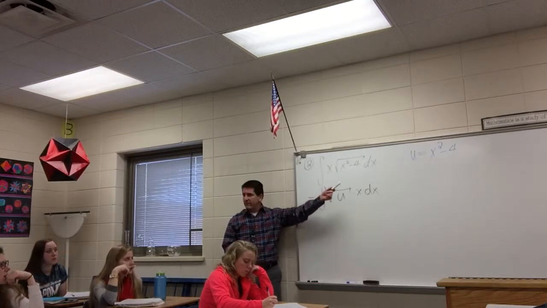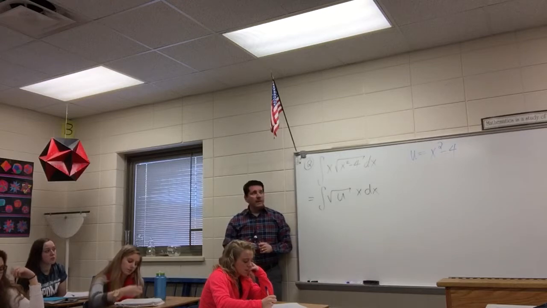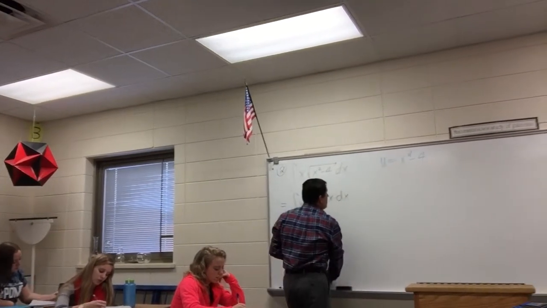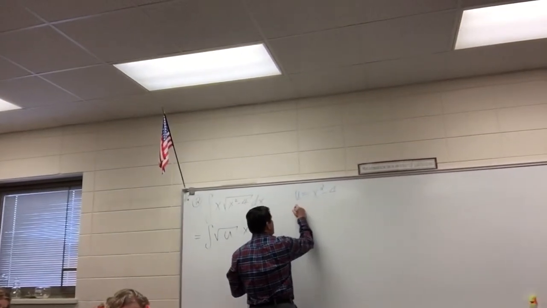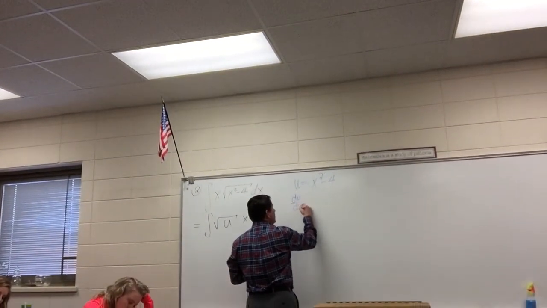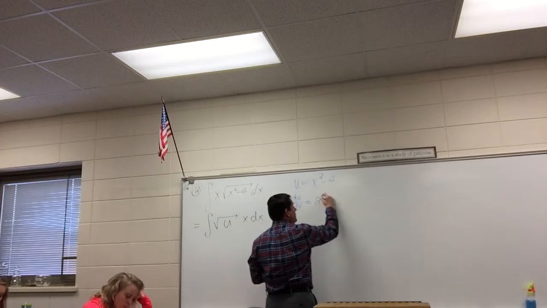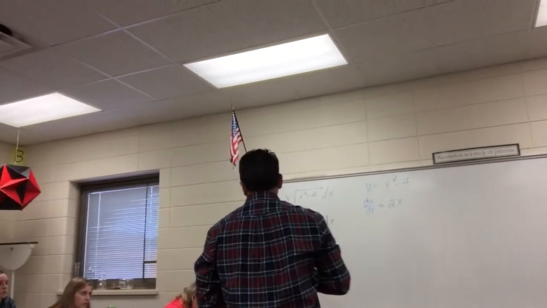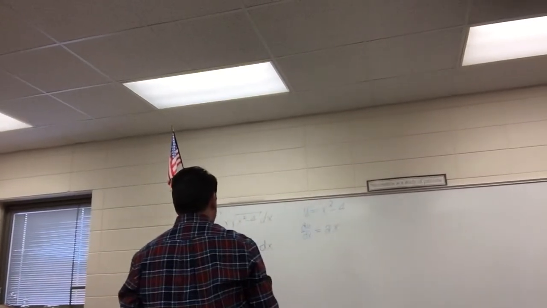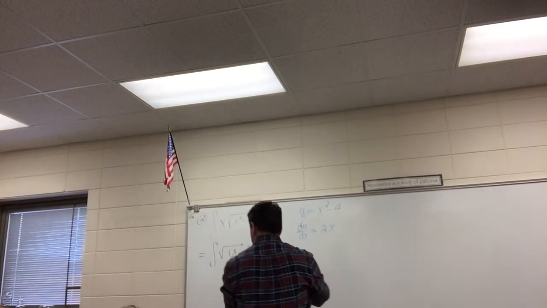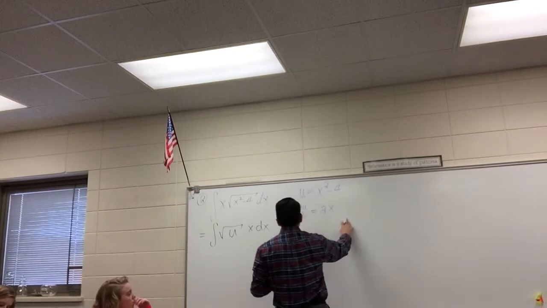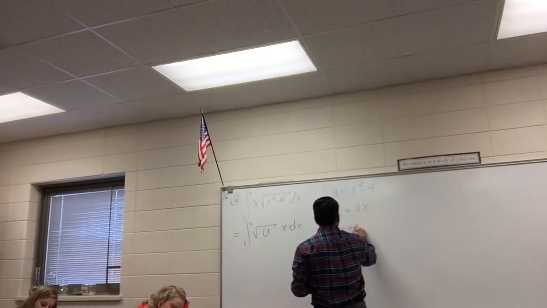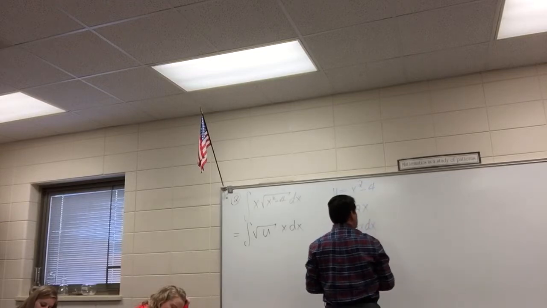You find the derivative of that equation. So you get your du/dx, and then you see how it works out. So du/dx, the derivative of this equation, is equal to 2x. All right, let's do our little thing. We multiply both sides by dx, and we get du is equal to 2x dx.